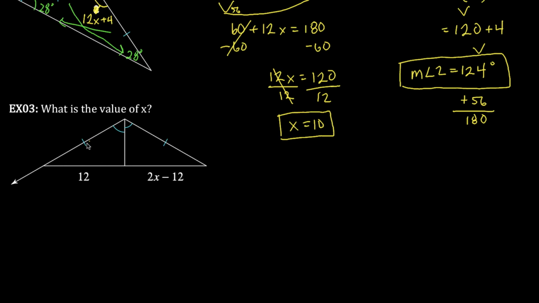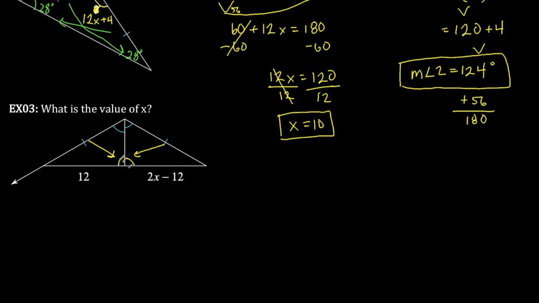Since each side length goes with an angle, we know that these angles are congruent.